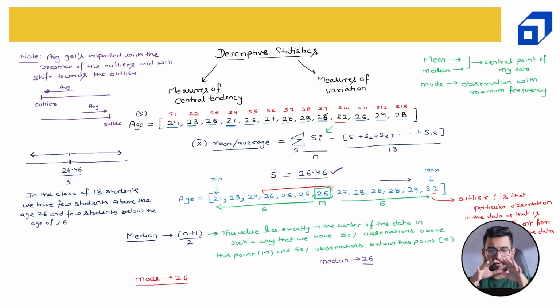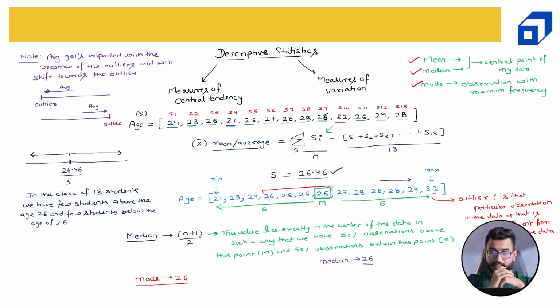So I hope you guys are able to understand the measures of central tendency. As the name says, all these 3 measures, which are mean, median, mode, basically describe the center of the data.